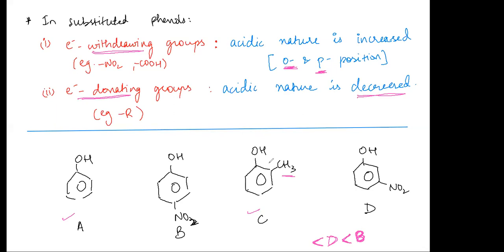This is going to reduce the acidic nature. So phenol is going to be more acidic compared to cresol. The difference between these two is so much. Phenol is in fact about 1,000,000 times more acidic compared to cresol. Don't be confused, take note of this.